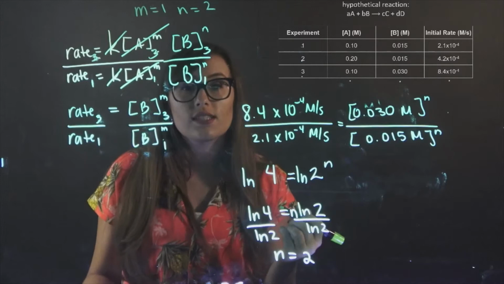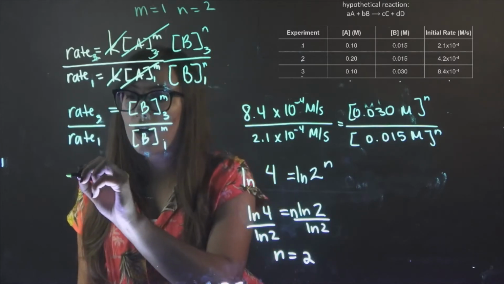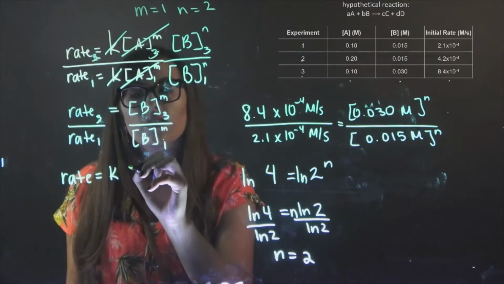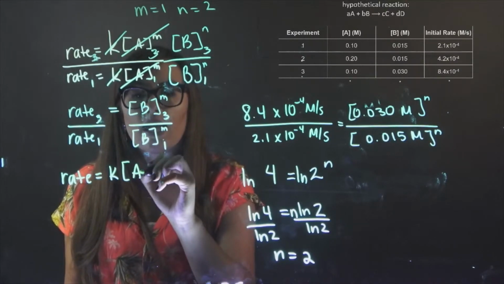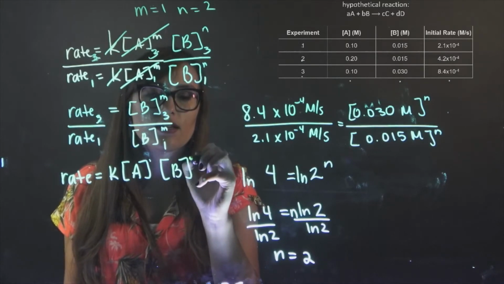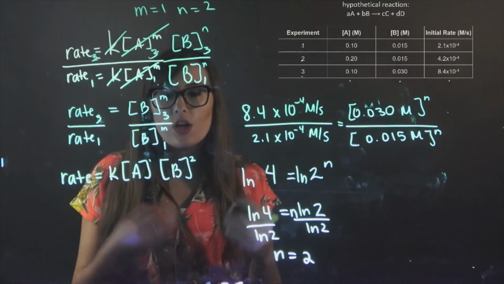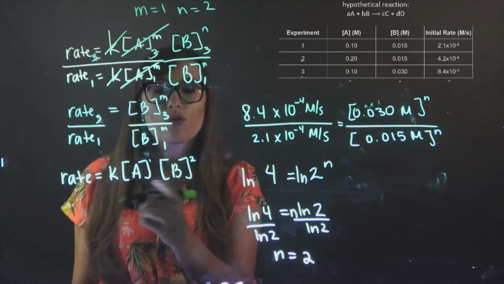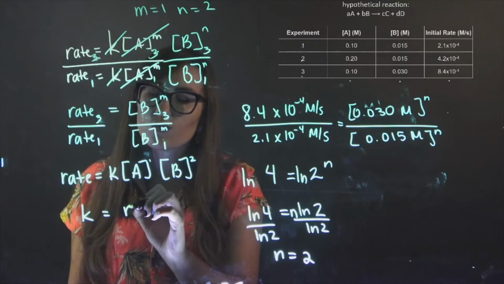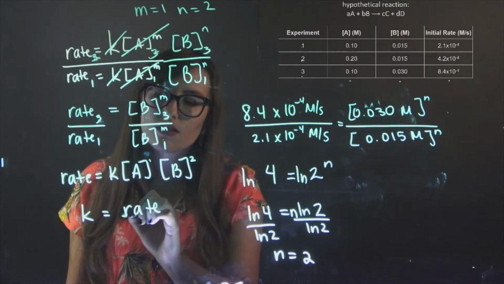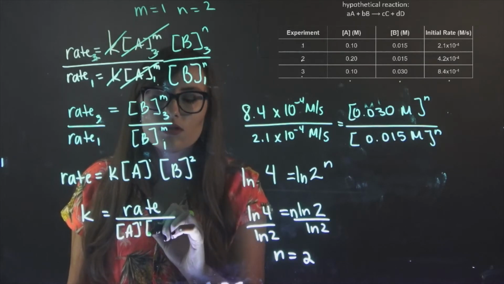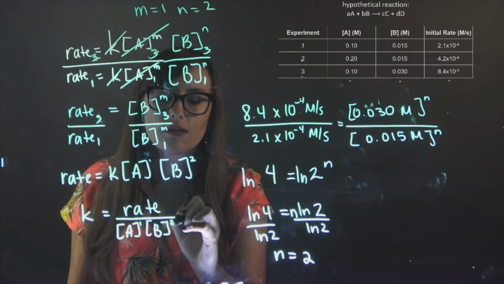When we go ahead and write this into our rate law, rate is equal to k times A to the first power, B to the second order. We can go ahead and solve for k by rearranging this rate law: k is equal to rate over A and B to the second power.